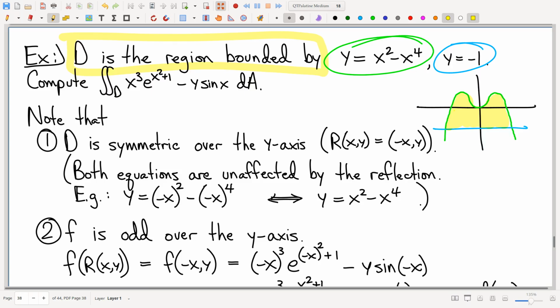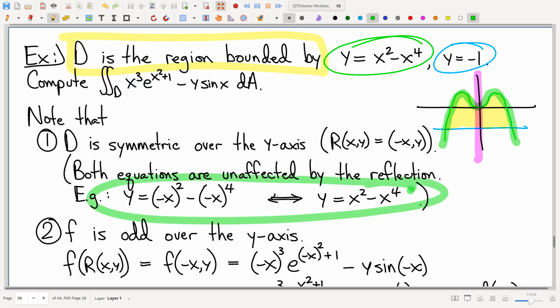Specifically, it's symmetric over the y-axis. If you take this domain and flip it over the y-axis, nothing happens. It remains the same exact shape. Everybody buy that? Okay, now I am relying on that assertion, on the idea that this curve is symmetric. How do I argue that curve is symmetric?